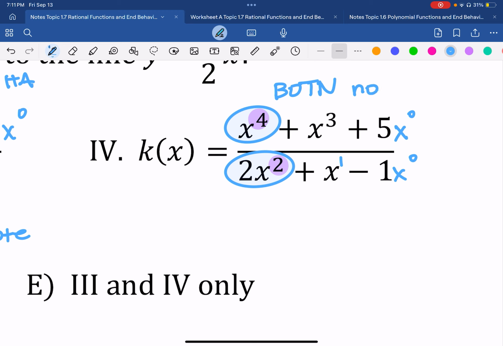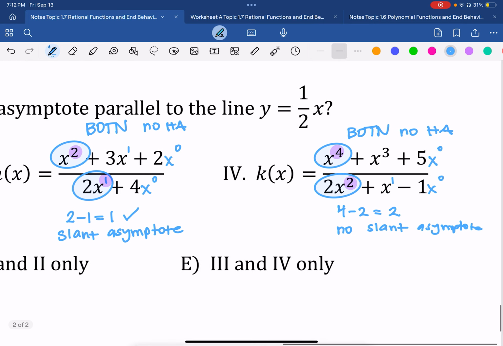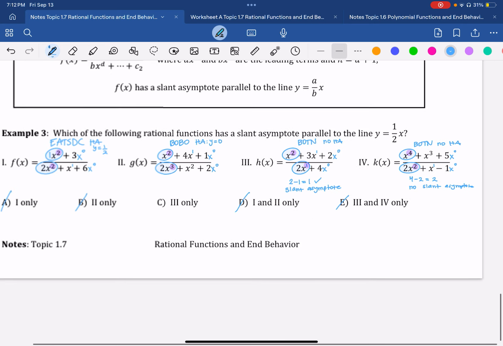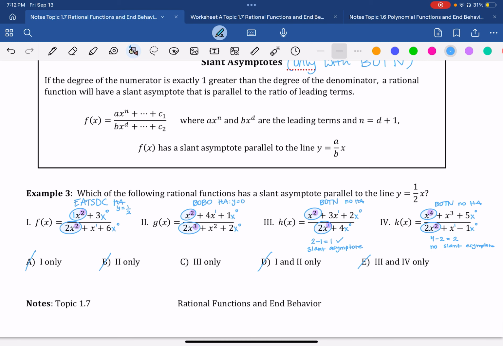This one also does not have a horizontal asymptote. Let's see if it has a slant asymptote by subtracting the exponents. 4 minus 2 is 2, so this one does not have a slant asymptote. No slant asymptote and no horizontal asymptote. Okay, so 4 is eliminated from the running, making C the only answer. So only equation 3 had a slant asymptote.